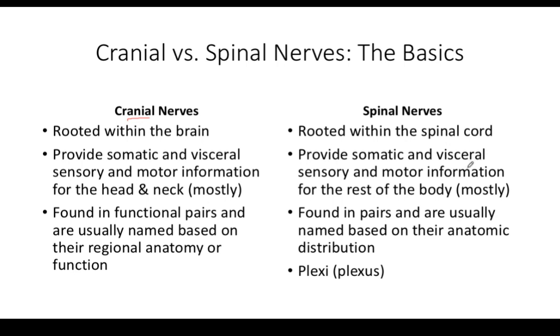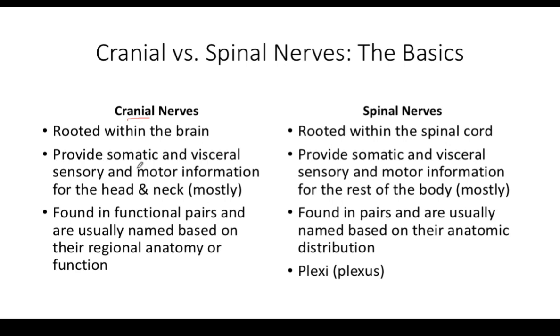And we'll talk about that more when I get to the overview of the basic anatomy of a spinal nerve. Versus when we're dealing with cranial nerves, they can be just purely visceral or somatic sensory, or visceral or somatic motor, or they could be mixed in nature.